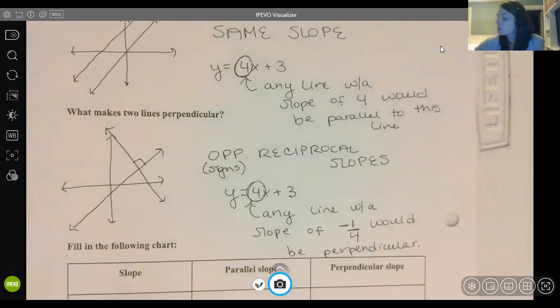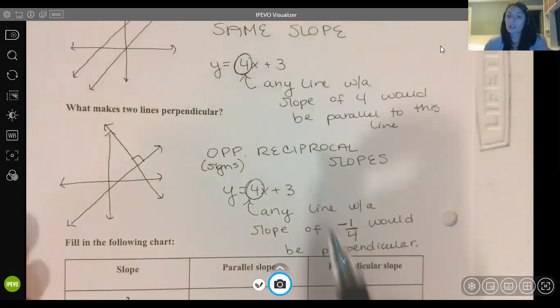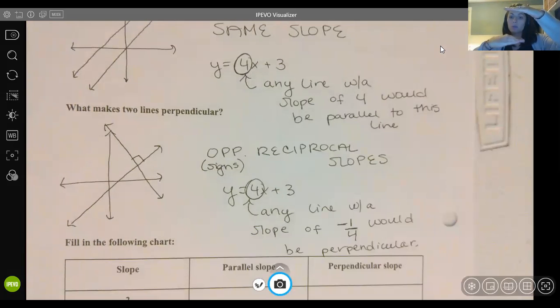So if I look at 4, 4 is 4 over 1, perpendicular to that would be negative 1 over 4. Or to give you another example, if I had a slope of 2 over 3, the opposite reciprocal of that would be negative 3 over 2.